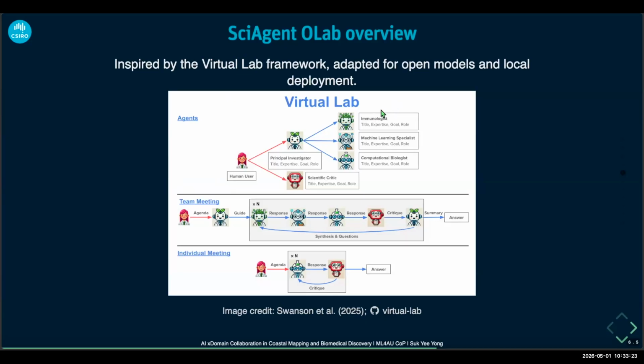Under the principal investigator you have a few team members, for example immunologists, machine learning specialists, and computational biologists. And then you have a scientific critic, which provides critical feedback on the responses you get from all these agents.